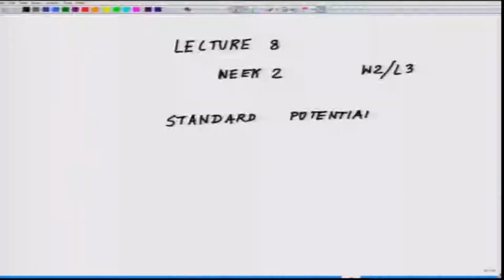Now, talking about standard potentials, let's jot down the objective of what we are trying to understand.